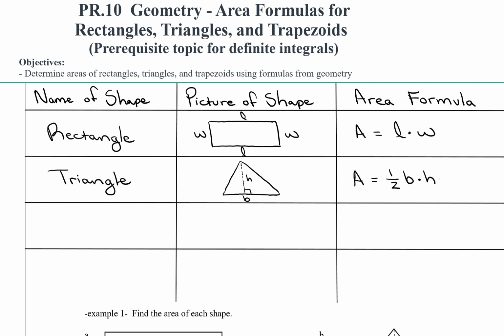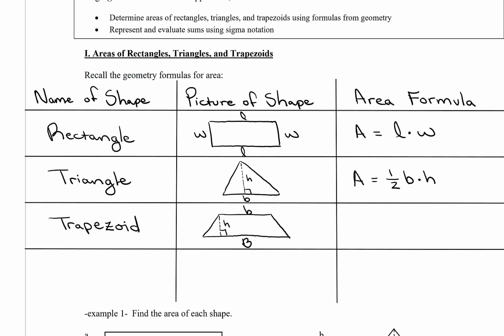Back to the first column, name of shape, I'm going to write trapezoid for our 4th row. Underneath picture of shape and directly to the right of where I wrote the word trapezoid, I'm going to draw a trapezoid. I'm going to draw a dashed vertical line segment coming down from one of the top corners of my trapezoid that's perpendicular to the base.